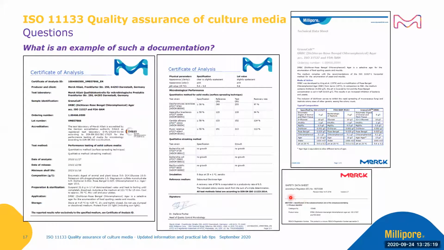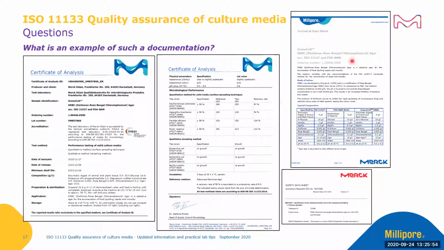What is an example of such documentation? For example, from our company, we give a full certificate of analysis, including the DAkkS accreditation authority on our ISO 17025 accredited labs. You will have full information on composition, preparation, application, storage, and of course, specifications for the microbiological and physical testing, including pH, and the actual data from the batch.